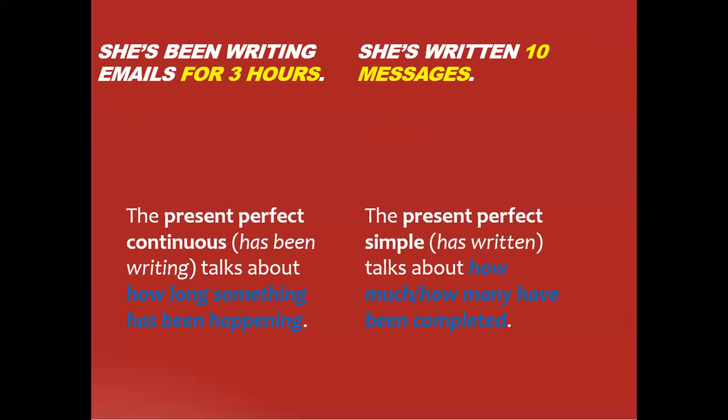And she's written 10 messages is a sentence written in present perfect simple. So the present perfect simple, has written, talks about how much or how many have been completed. In short, we can say the present perfect continuous is used with a particular period of time, and the present perfect simple is used with the frequency of something happening.